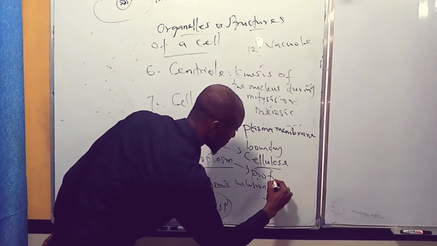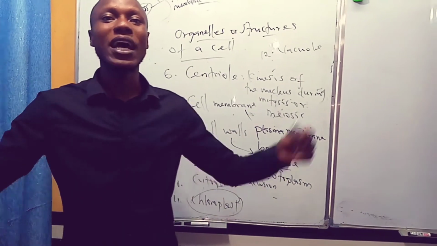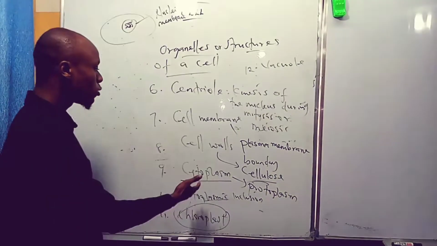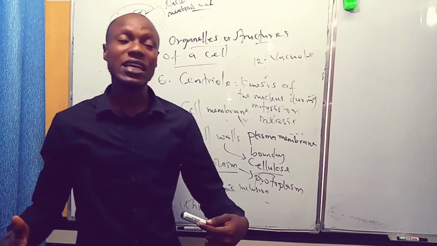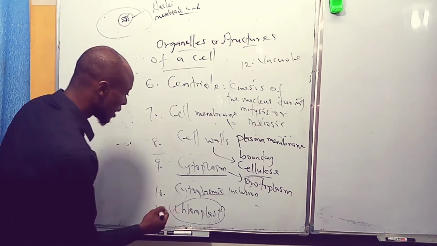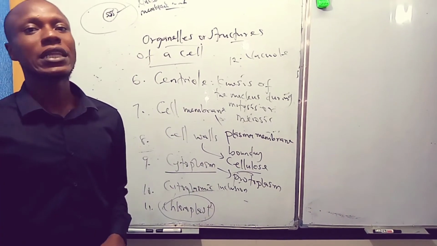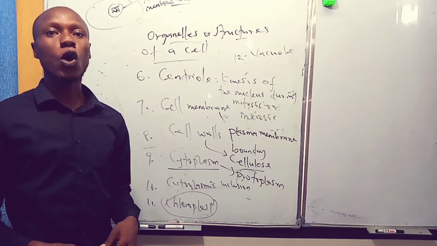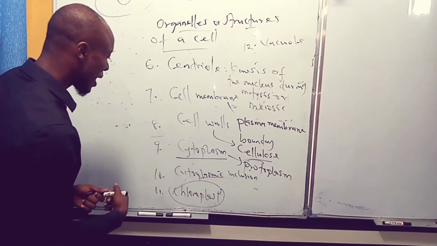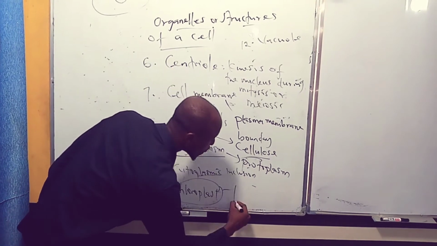The protoplasm, which means everything that is found inside the cell, including the cytoplasm and every other organelle that can be found inside the cell. So, cytoplasmic inclusion simply means food particles, granules that can be found inside the cell that are not completely what? Dissolved or what? Digested.